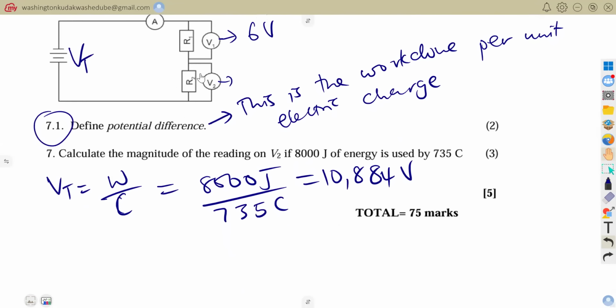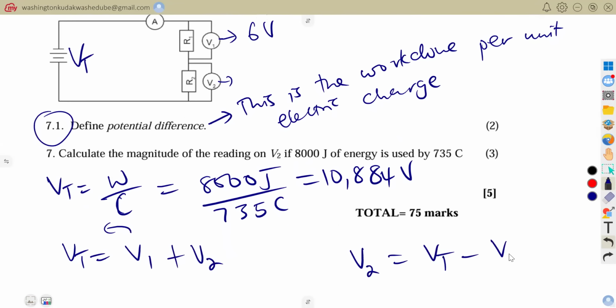But however, is it what is asked? We are asked V2. So we know that the voltage in series is summative. We know that total voltage in series, Vt is equal to V1 plus V2. So when I want to find V2, I will transpose this to the other side so that it becomes Vt minus V1.